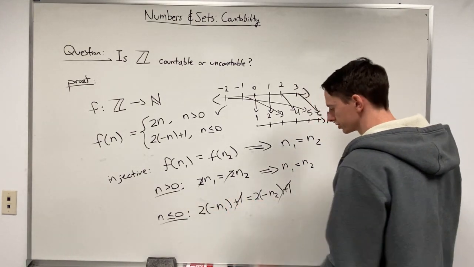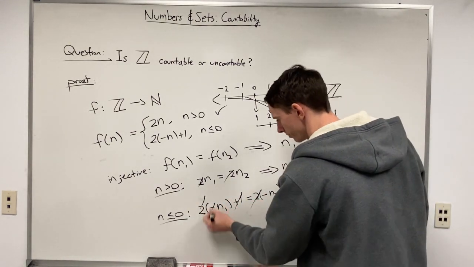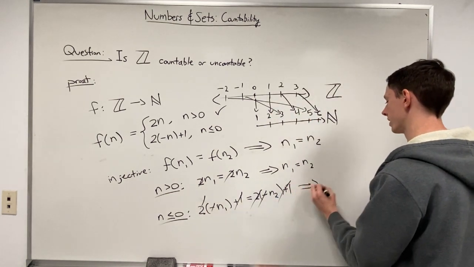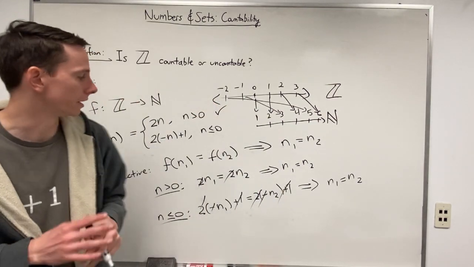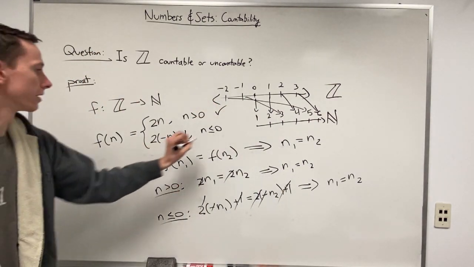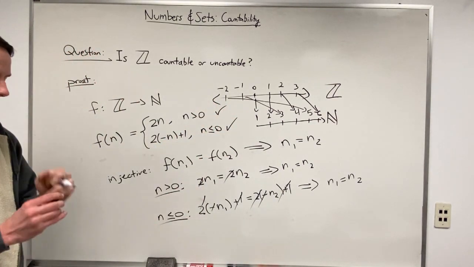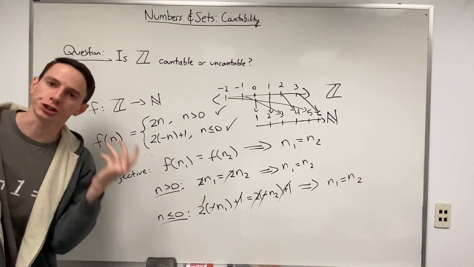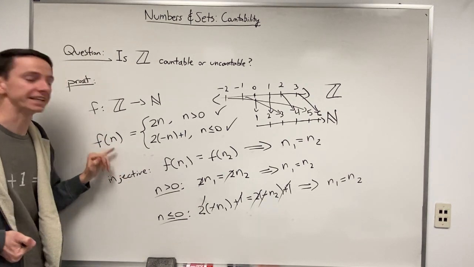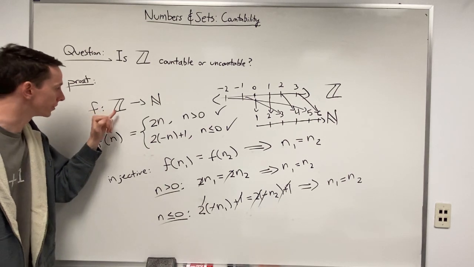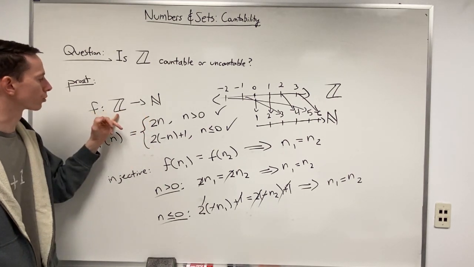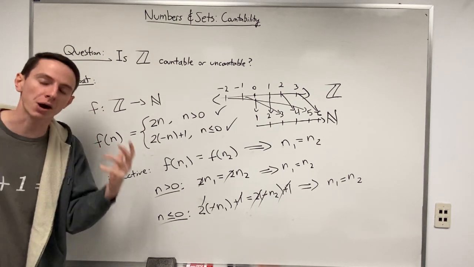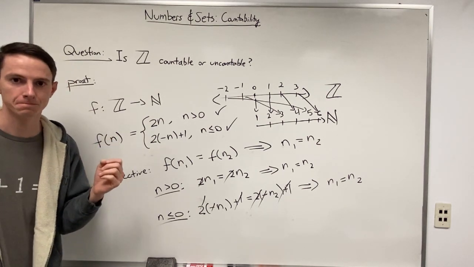The 1's are going to cancel, then the 2's are going to cancel, and then the minus signs cancel, and that leaves us with n1 equals n2. Because that's true, the bottom case is checked off as well. So what we've just shown is that f is an injective function from the integers to the natural numbers, and because of that, the integers are a countably infinite set.